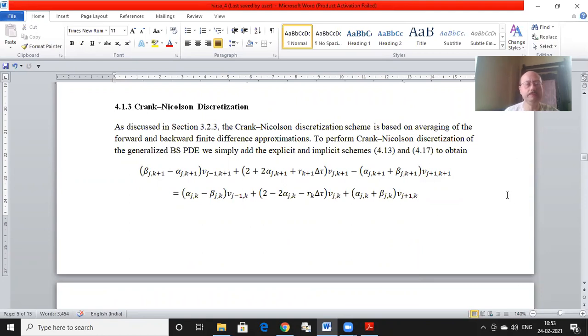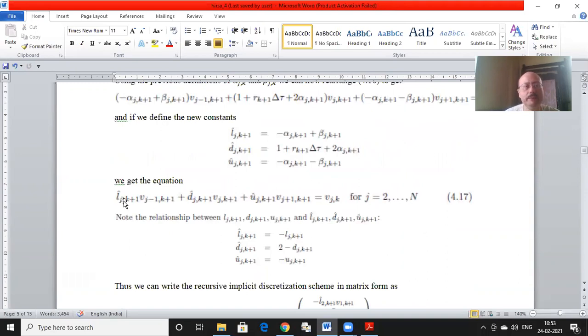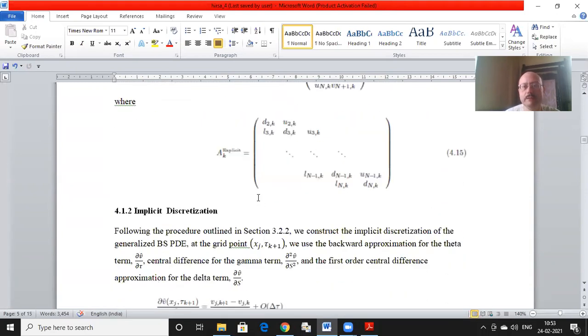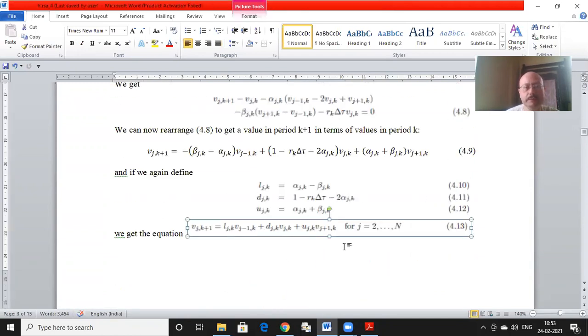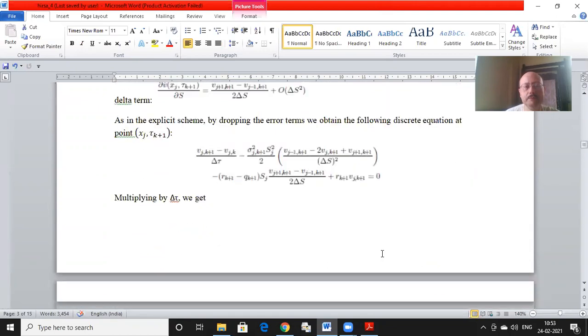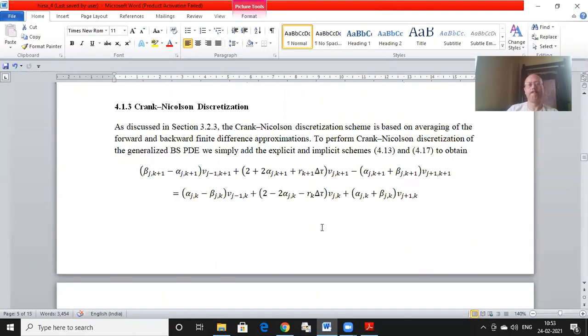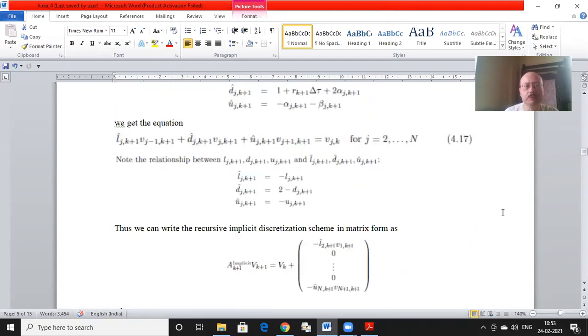Now is this okay? Can you just quickly check that if I add up these two sets, 13, 17, 13 is here, then this is what I will get. This is written in terms of alpha beta, not LDU.